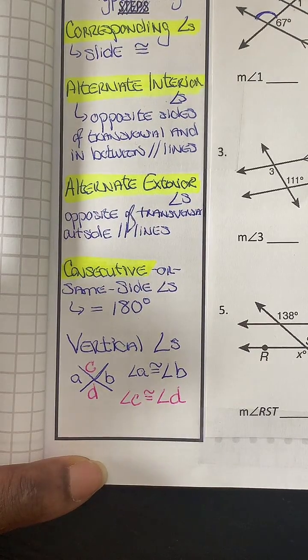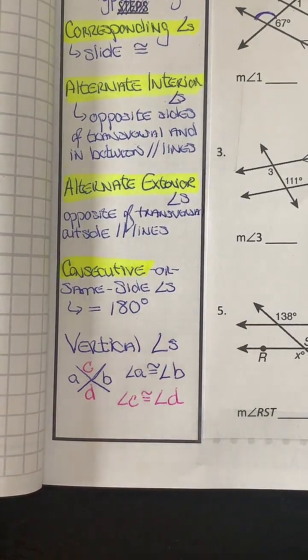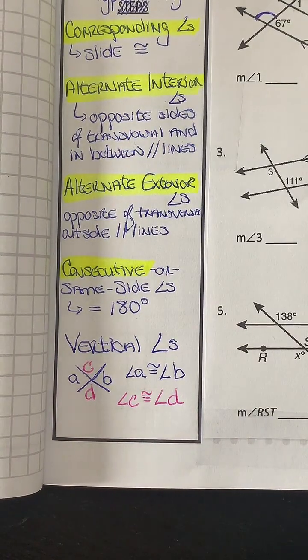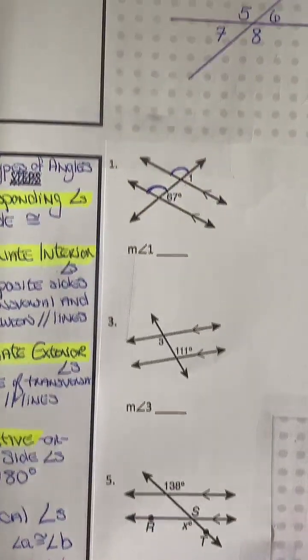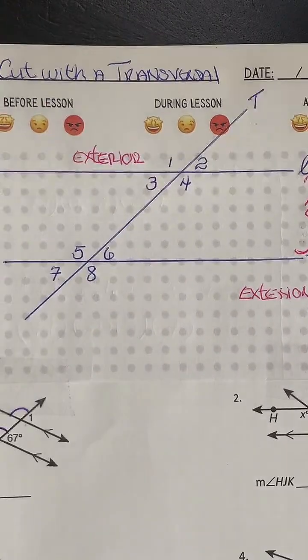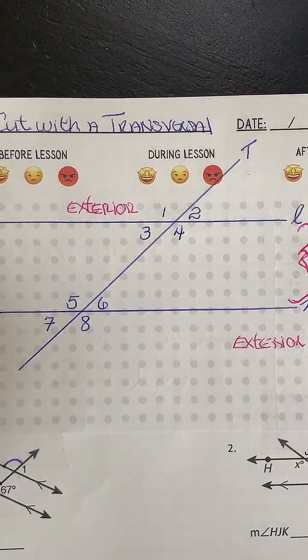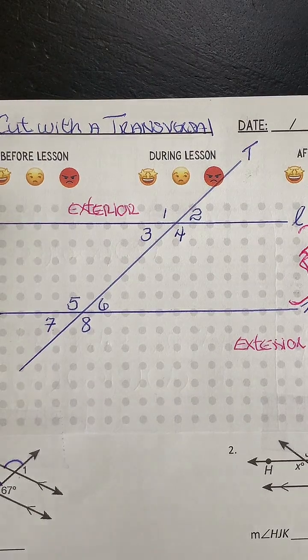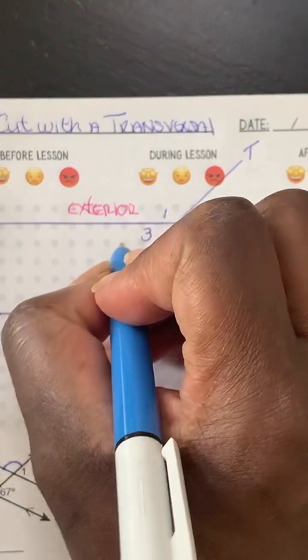So let's play around with it. So let's just say we have the measure, and I'm going to come back to my larger one. Let's see if this is good enough for our film. Okay. So let's say that angle 3 is, let's say 126 degrees.